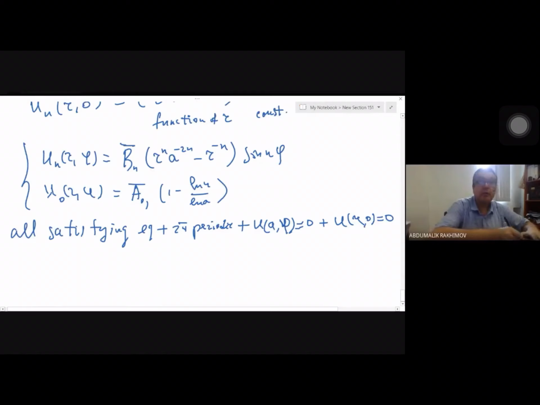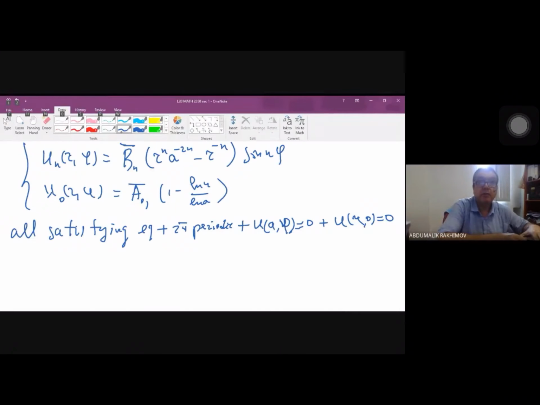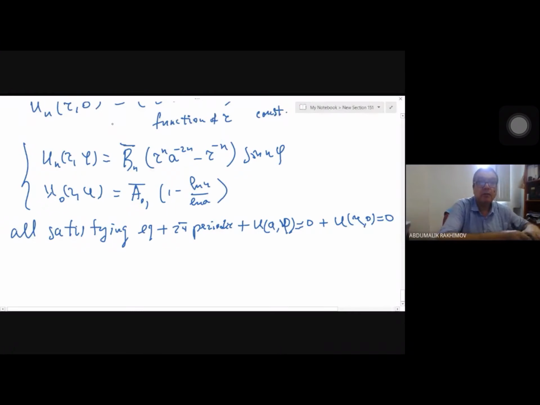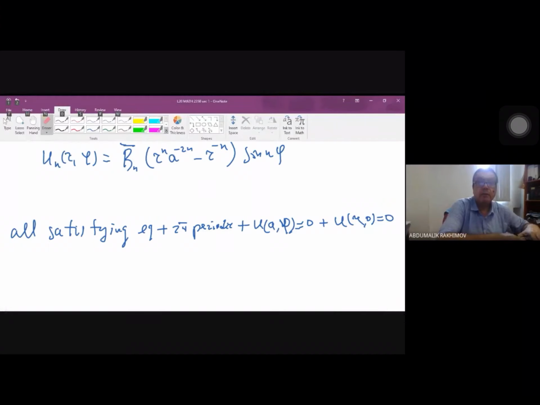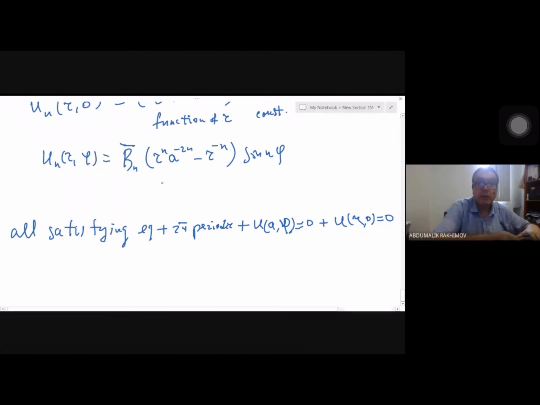Let me clean here. u0 is 0. So we have many functions un, n equal 1, 2, 3. u0 is already 0. All of them satisfy the equation and are 2 pi periodic, and satisfy these two conditions.